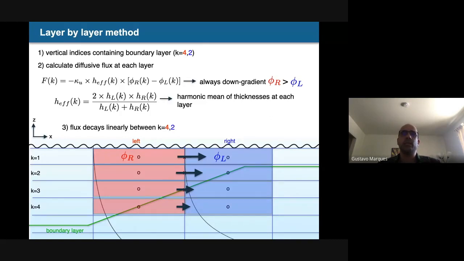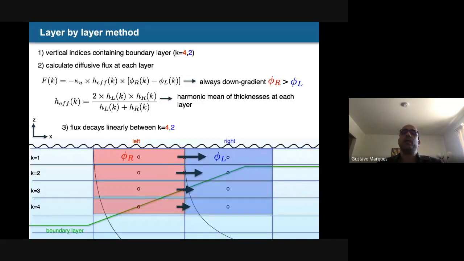And then the last step, which was something that I added relatively recently, and it was an idea from Keith Lindsay during our discussion, is to have a linear decay between the minimum boundary layer depth, which is on the right column, index number 2, and the maximum boundary layer depth, which is on layer 4. Before, I was stopping at the minimum boundary layer depth, so I was stopping at layer number 2, and then these 2 layers did not have flux.